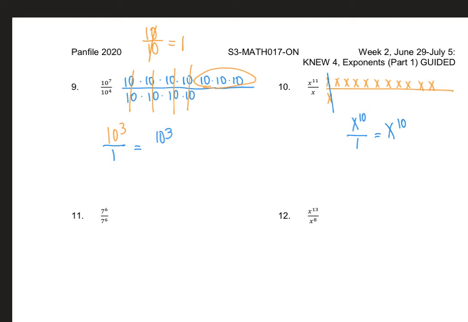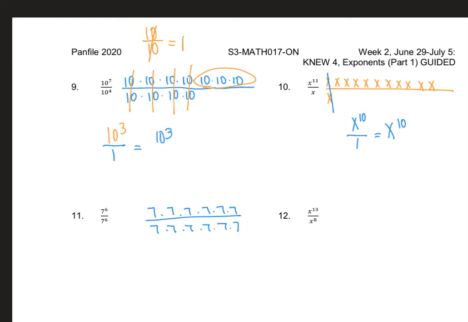Now, if I go to this next one, again, using this dividing line, I have 7 to the 6th. So I have 7 six times, and I have on the bottom 7 six times. Sometimes it's a little bit confusing when you have the numbers. But remember, base, big number, okay?